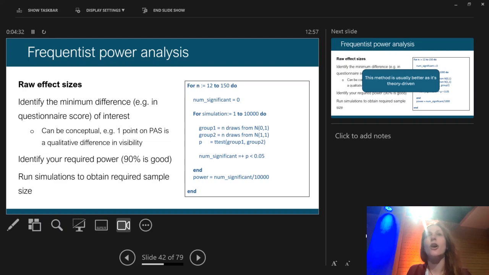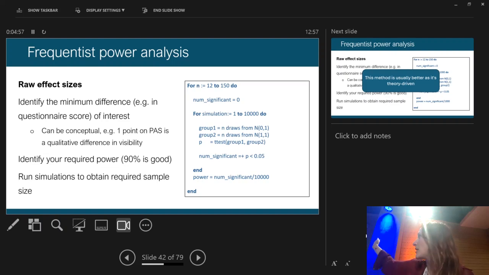And now you're not looking at Cohen's d or anything like that. You're not looking at standardized effect sizes. You're just looking in raw units at the kind of change that you reasonably think is meaningful for you. And if you want to do this kind of approach, then you can just run simulations to see how many people you need to get, say, 90% power.